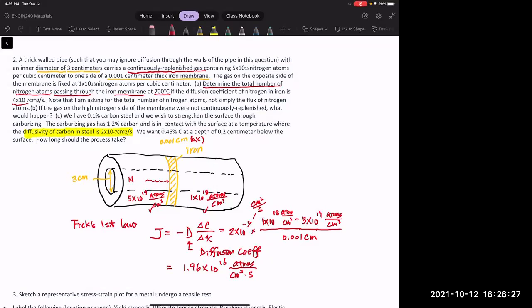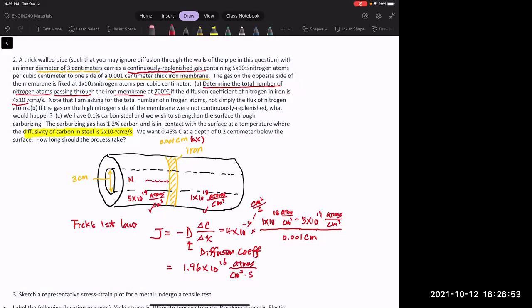So let me change this one. This should be 4 times 10 to the -7. This coefficient depends on the temperature, okay? They just tell you at 700 degrees Celsius, the diffusion coefficient is 4 times 10 to the -7.